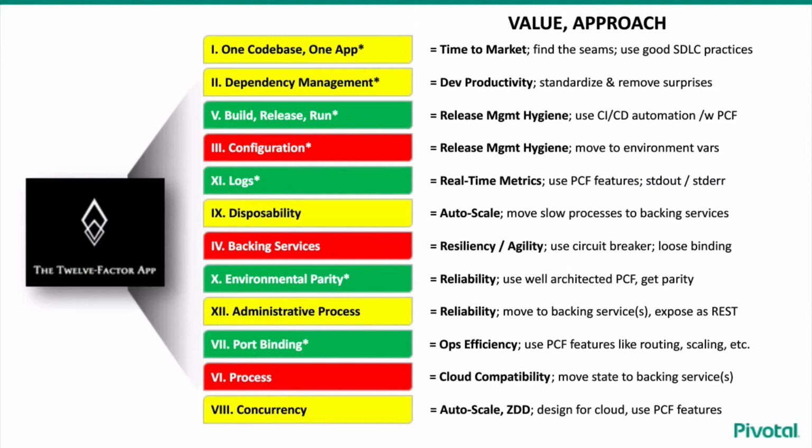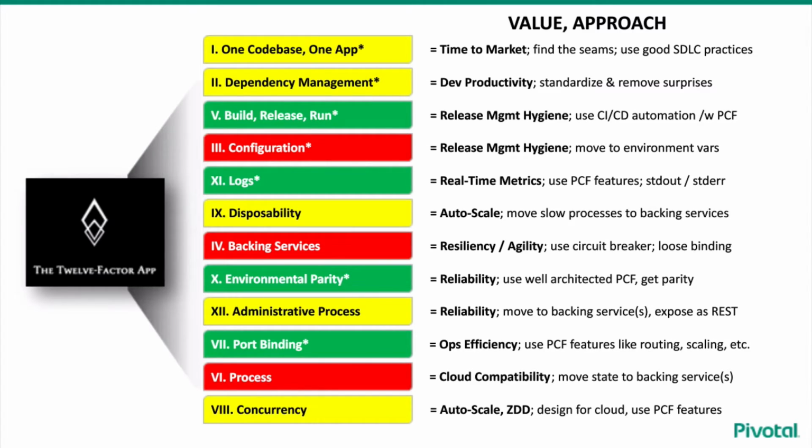The color coding, I think, is an indication of what are the things you absolutely need to have, what are more important, less important. The one code base, one app. That's pretty important. Obviously, you have a single code base managed in source control, right? Or you have a set of repositories that are in a common root. Look for the seams in the application and try to break things up a bit.